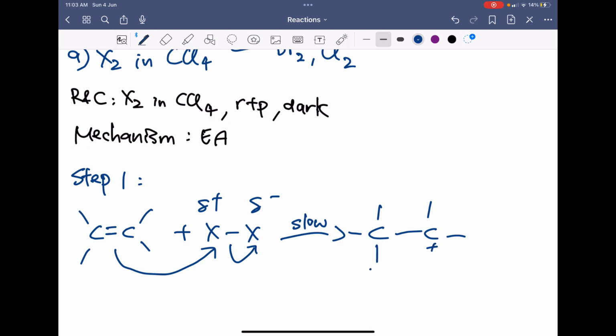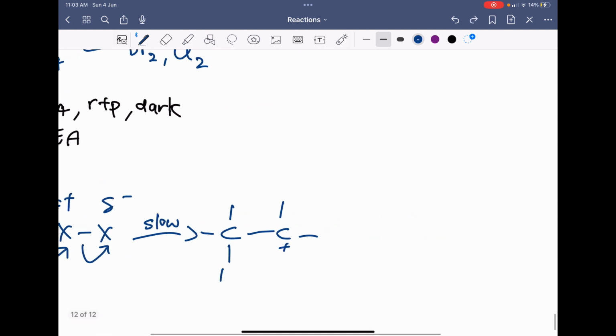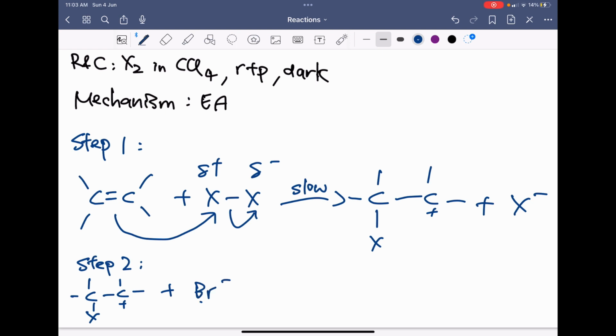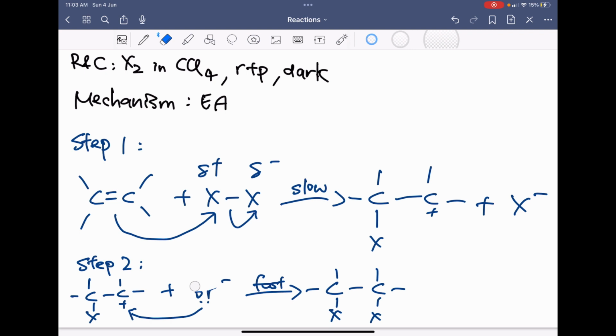Over here we are assuming that we have a symmetrical alkene. Then step 2, and that is your product. My bad. If in this case we are not looking at any specific one, then it would just be an X.